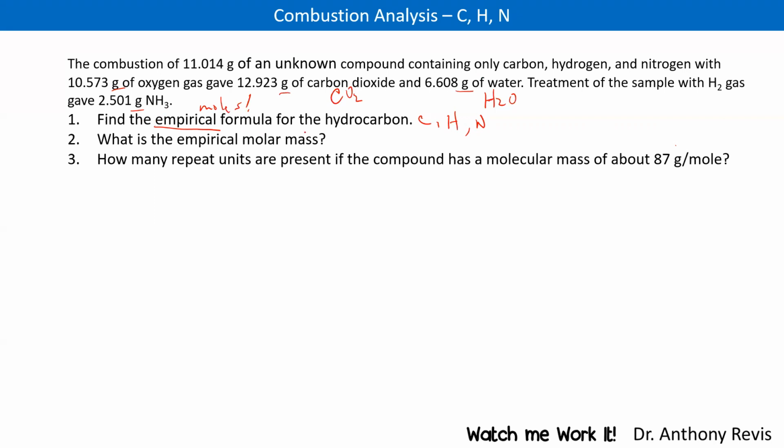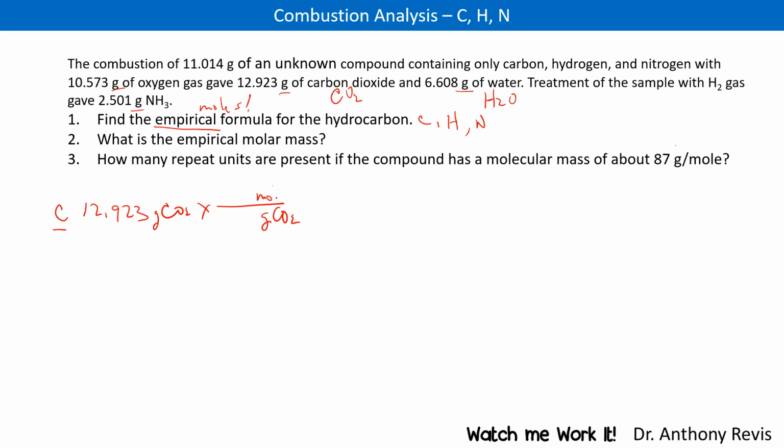So let's get going with finding the carbon then. What we're looking for are the moles of carbon, hydrogen, and nitrogen. And we're going to compare the ratios to determine our empirical formula. So we have carbon here, and we'll put the grams of carbon. We'll start with 0.9, and we're going to do conversions. Grams of CO2 times grams on the bottom, CO2, because that's what math says.